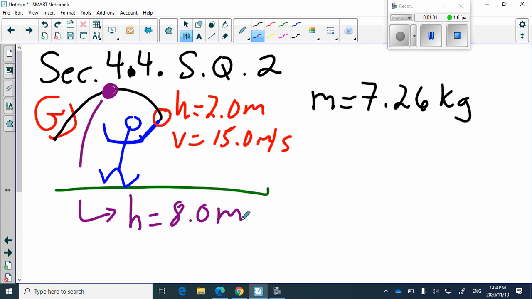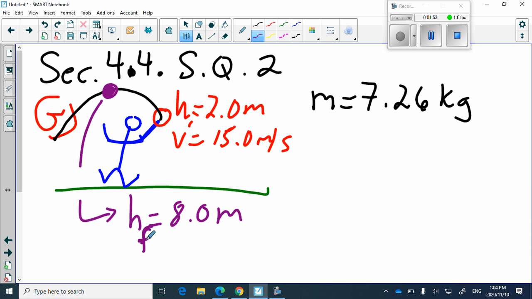So we can't have two H's. So we have to distinguish here, right? So let's call this height initial, and let's call this height final. Is that okay? All right. And then it falls to the ground. Assume the air resistance is negligible.